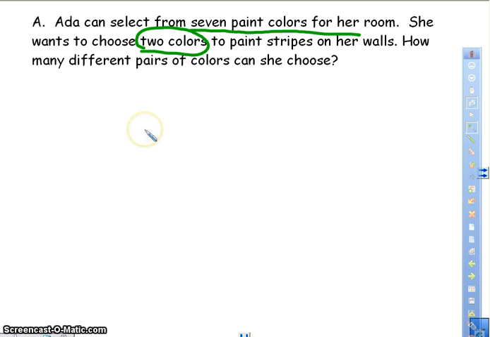One way is to make a list, which takes a little while. If you are choosing from 7 colors, we can say red, yellow, green, blue, purple, orange, and indigo.